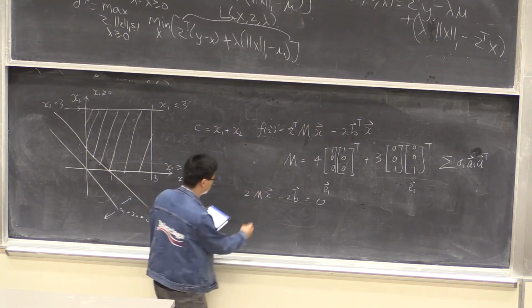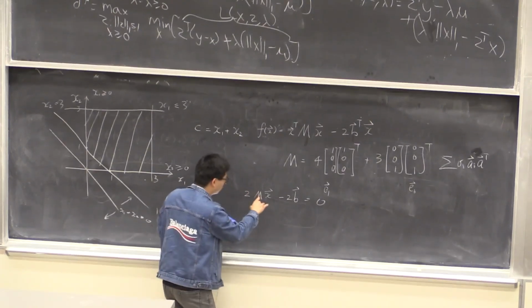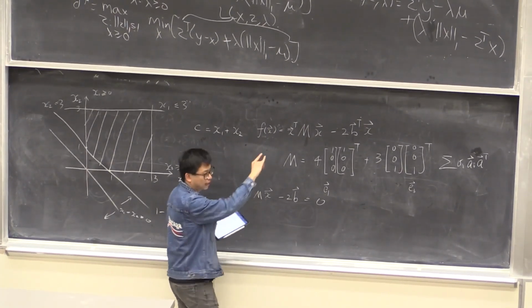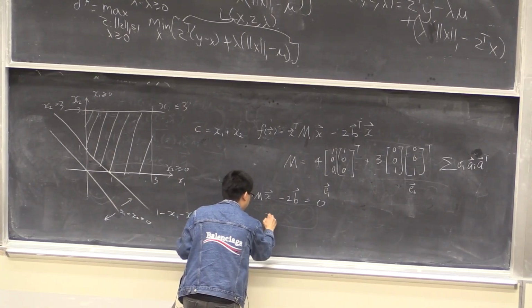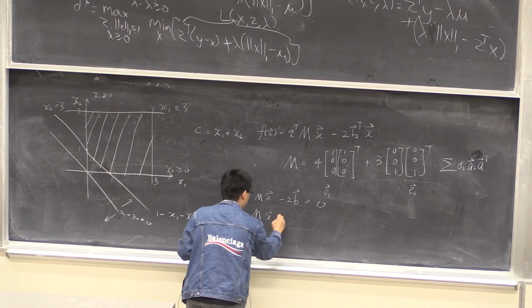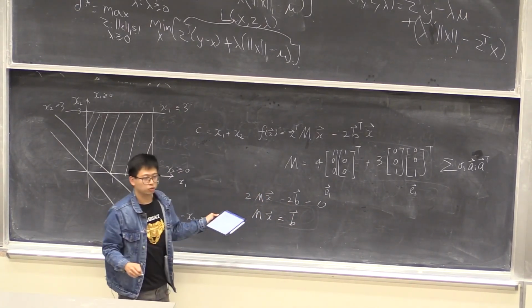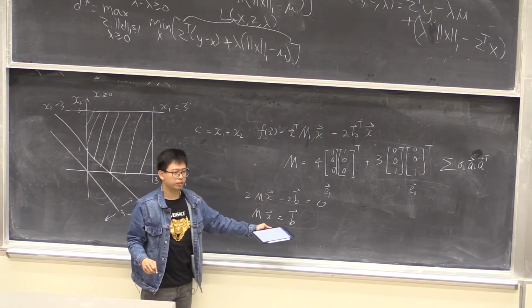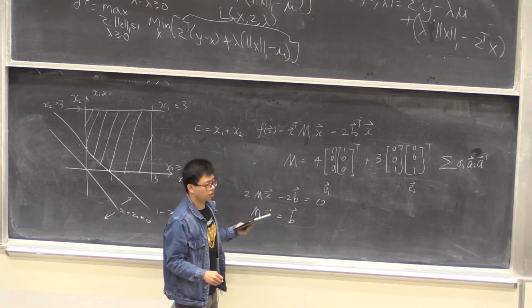This is from optimality. What this means is, if this problem has an optimal solution, then Mx has to be equal to b, which means b has to be in the range of M. But this is not always true, right?